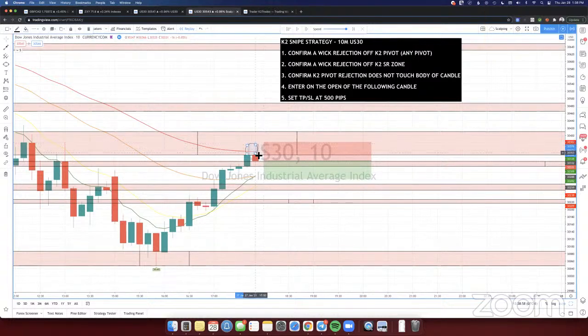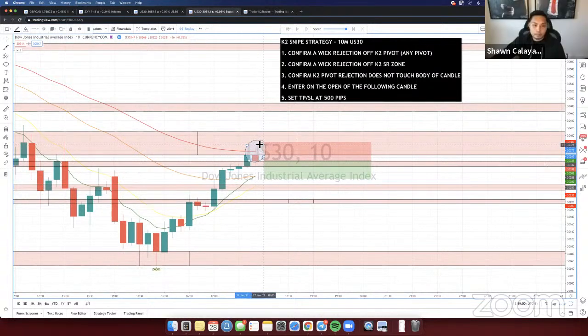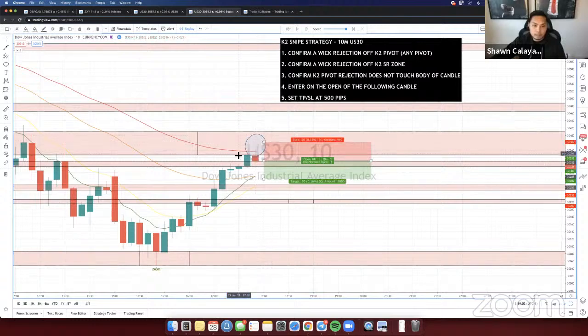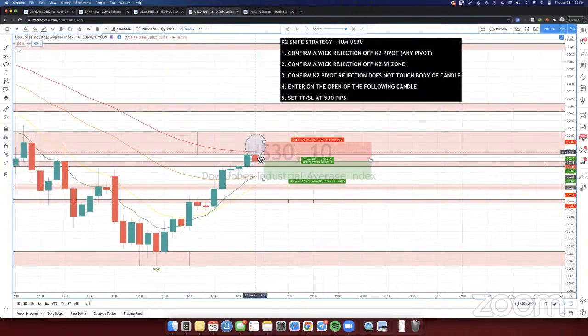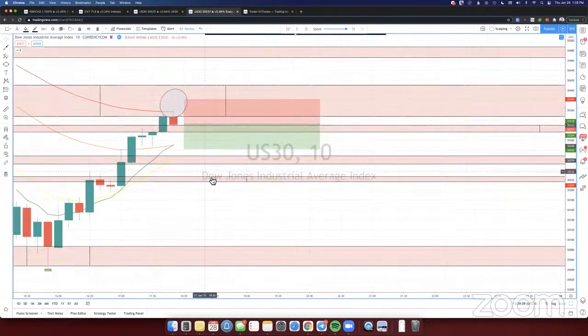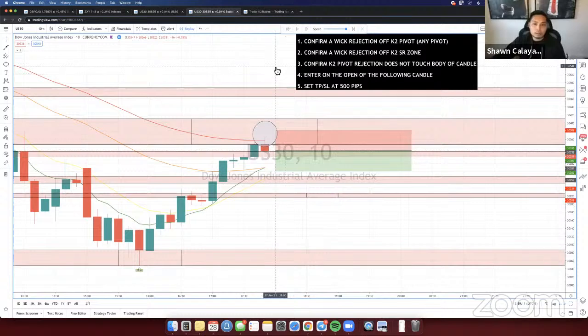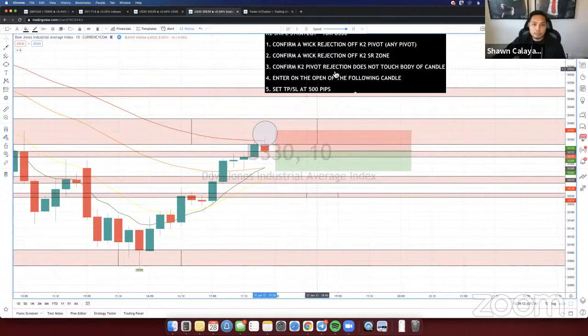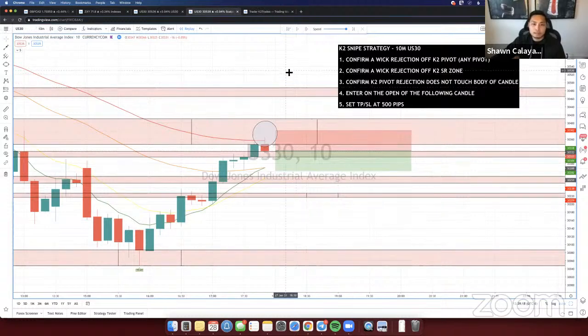Let me see if I can make this a little bigger. Okay, so we got this right there. You see how the red pivot is above it? It's touching the wick, but it's not touching the body. Oh, so just the pivot, but I thought the zone can't touch either. Oh, no. It's just the pivot right here. See, confirm K2 pivot rejection does not touch the body. The zone's fine.